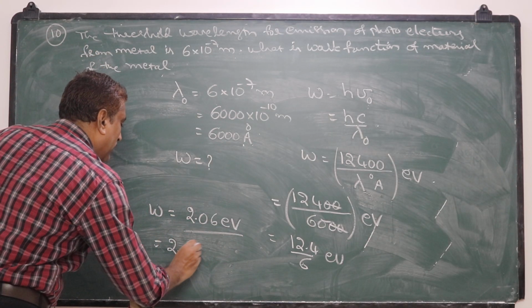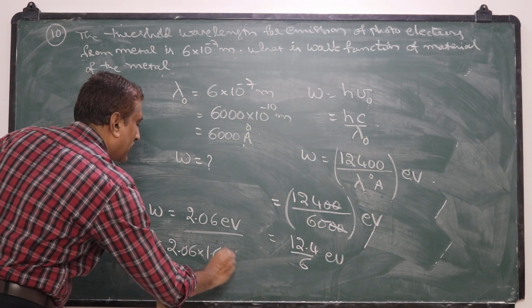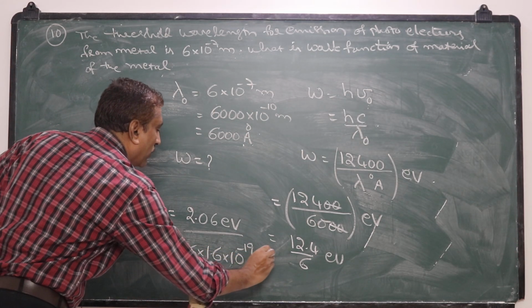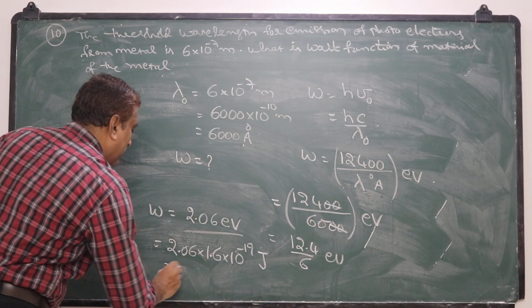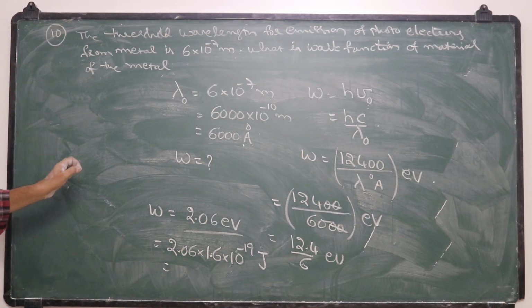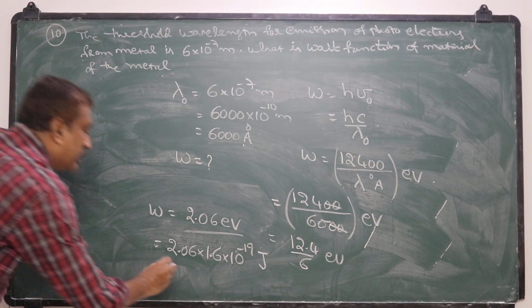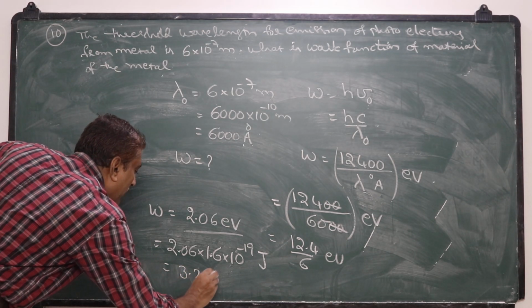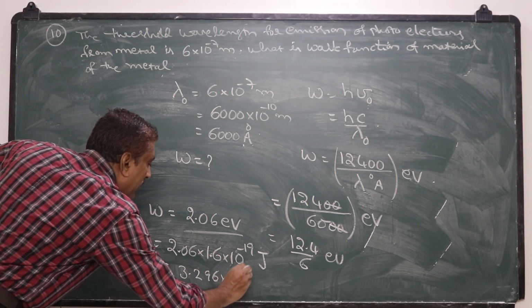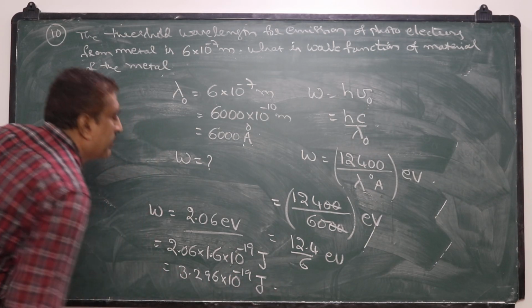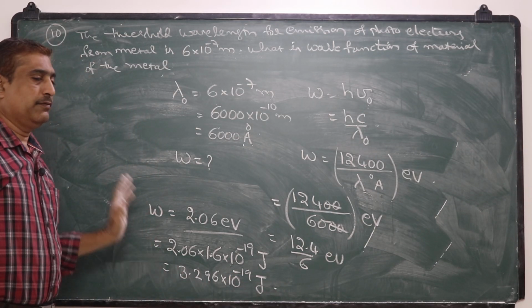That is 2.06 into 1.6 into 10 power minus 19 joule, which is approximately 3.296 into 10 power minus 19 joule. So okay, this is the value.